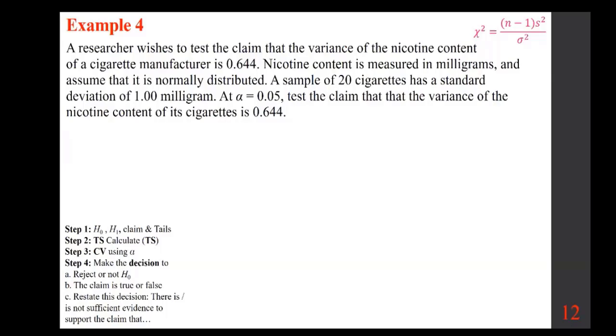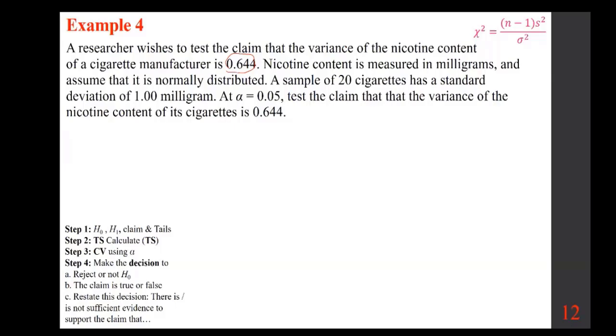We are dealing with a normal distribution, and we are testing the claim that the variance is 0.644. So this is sigma squared, and we are checking that to be equal to that. So that is the claim, sigma squared equal to that. That is H0, and because we are checking that, it becomes a two-tailed test, and not equal becomes H1.